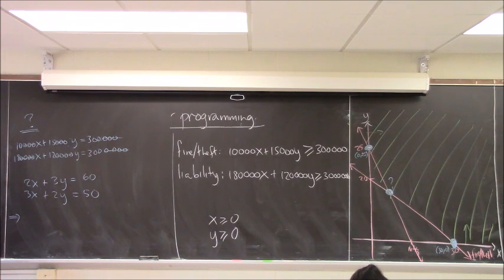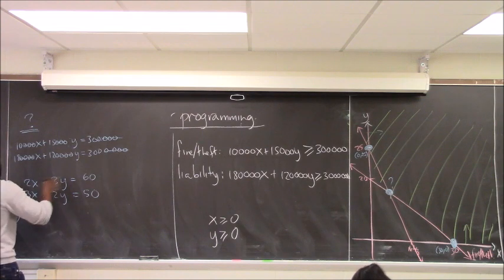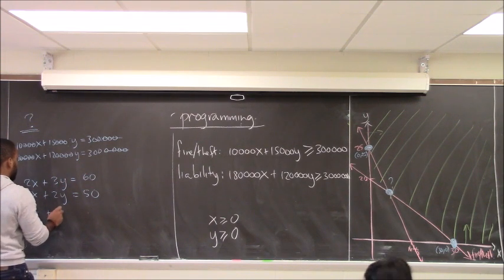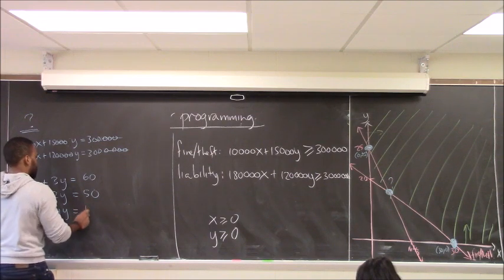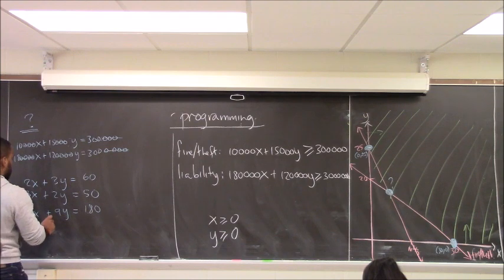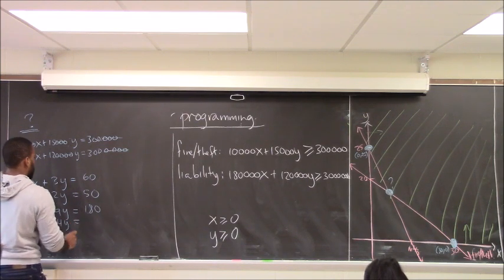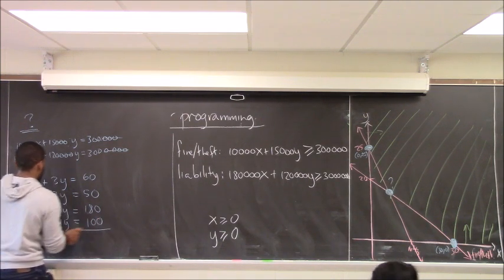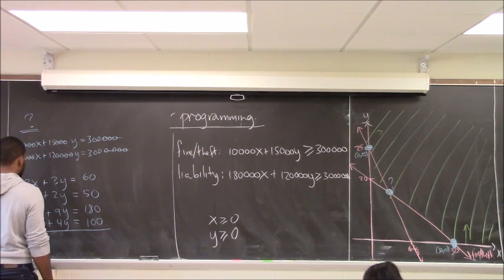Let's do the elimination method right here. Multiply the top one by 3. Multiply the bottom one by 2. Then I can take equation 1 minus equation 2.